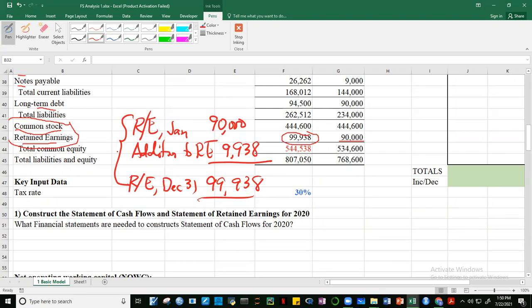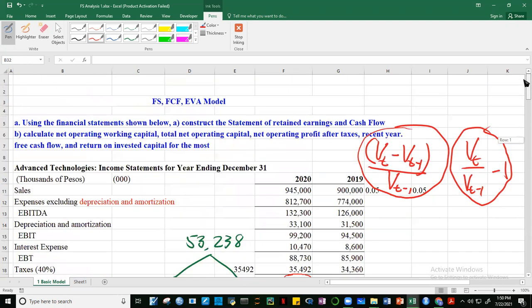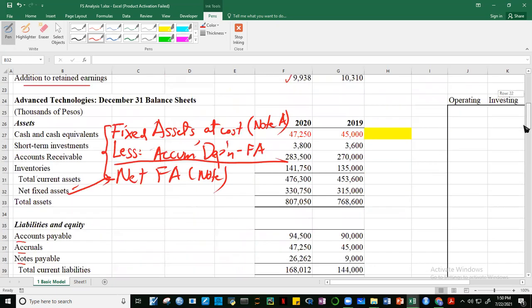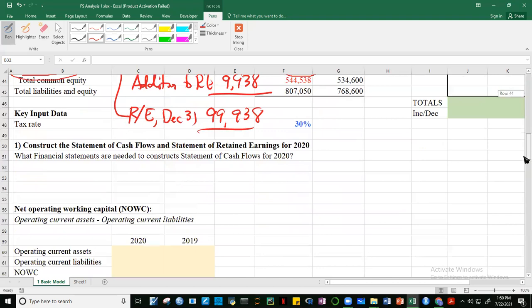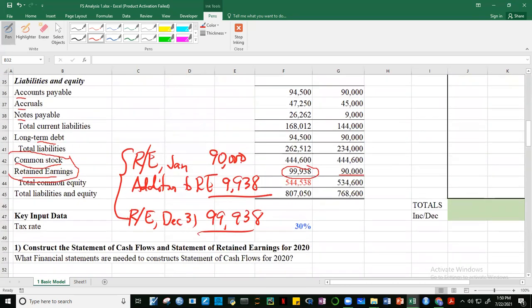This is actually part of a bigger statement, the statement of changes in shareholders' equity, which includes the statement of changes in retained earnings. So what we're asked to do, we'll modify this a bit. We may not be able to make the statement of changes in shareholders' equity because we need details about the common stock: how many shares, the par value, etc. So this is the statement of changes in retained earnings.